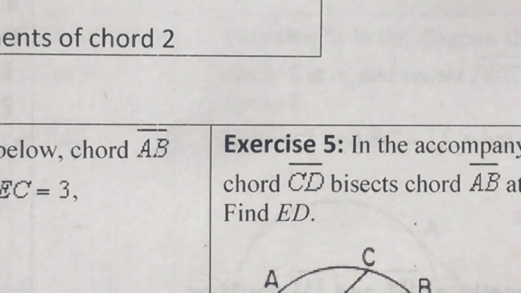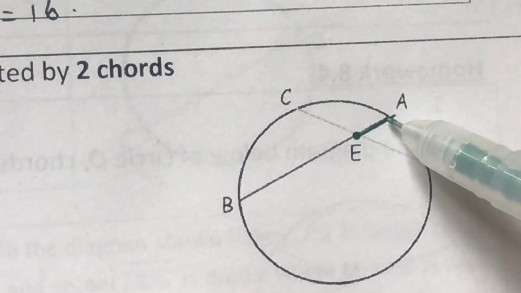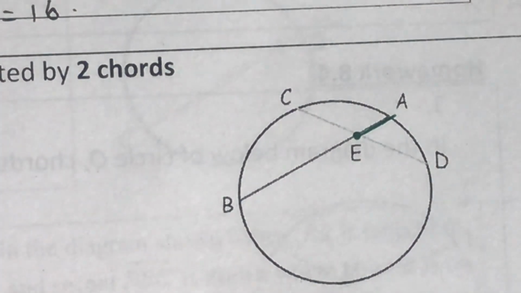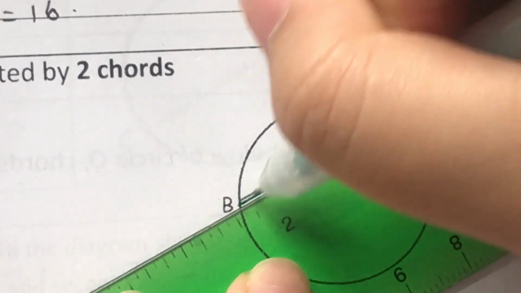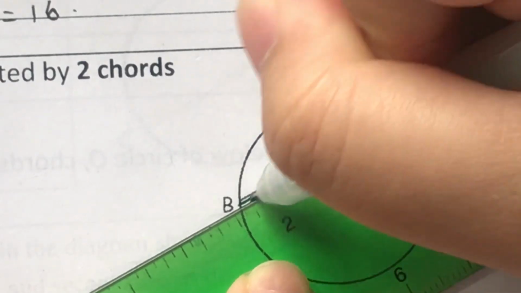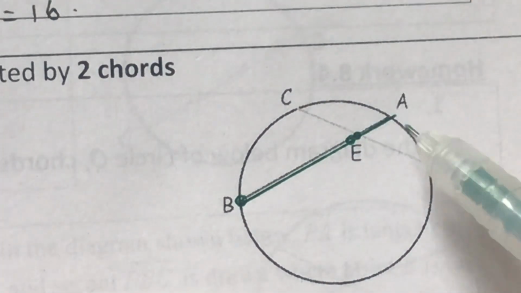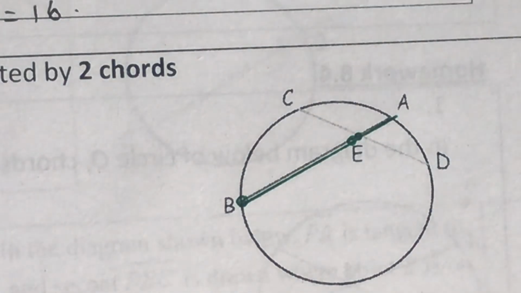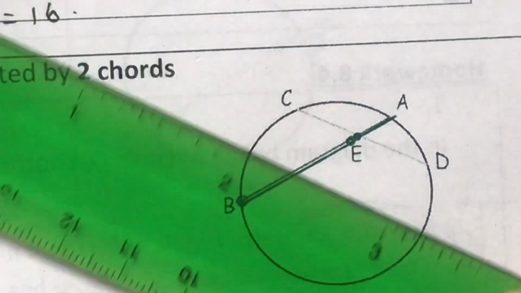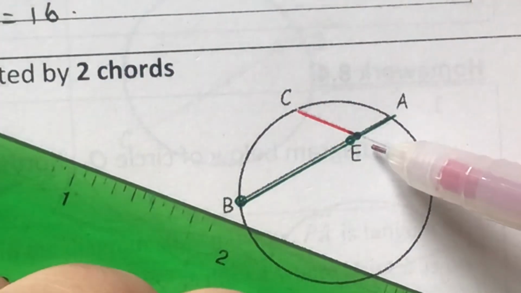So the first segment of the chord, AE, multiplied by EB, is going to get me the same value as CE, this line segment right here. It stops at the intersection.